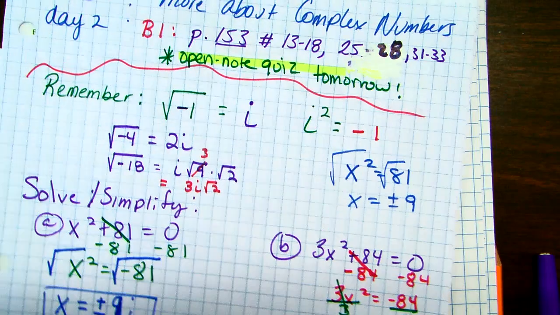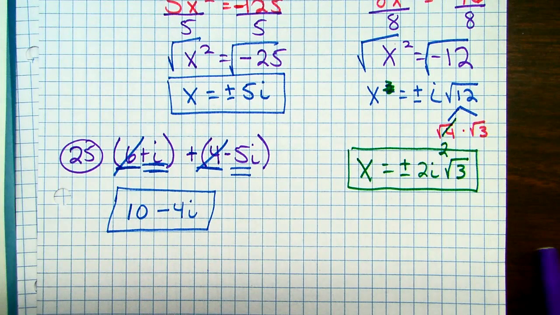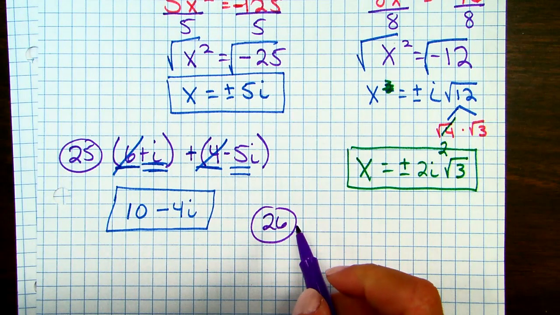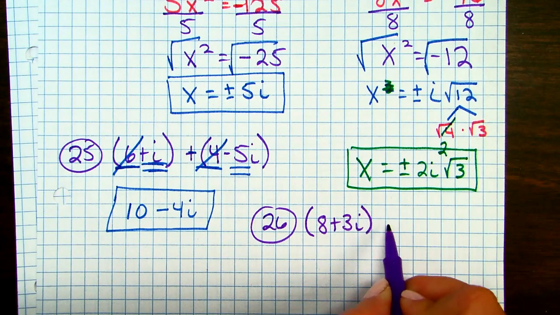I keep saying I'm not going to do another one. Be careful with like 26, guys, because it's got that minus in there. It's a common place to make mistakes.